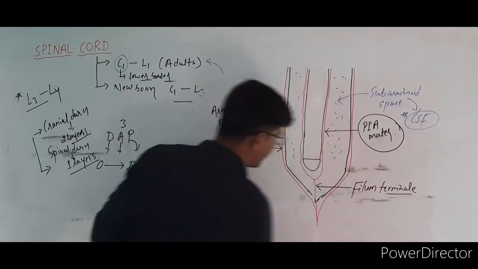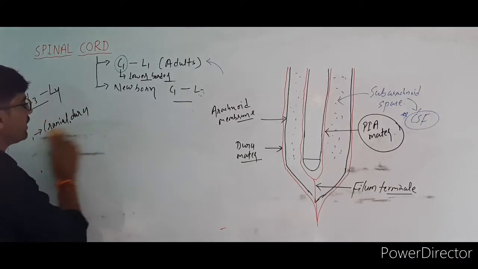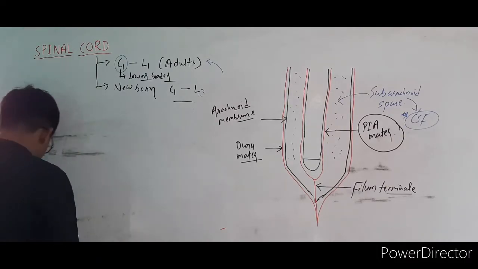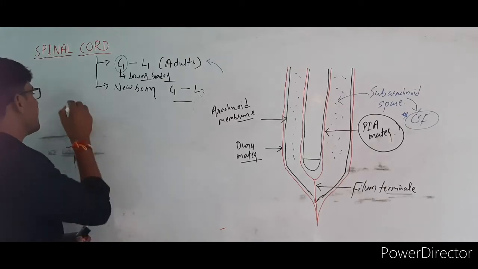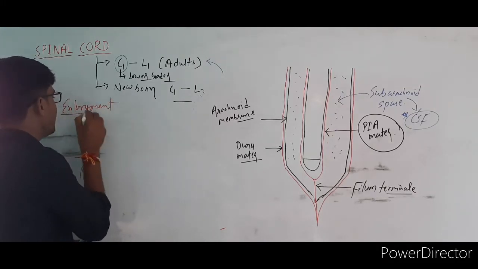Now one thing I want to tell you, the spinal cord is like this, but in two places it gets enlarged. So from where does it get enlarged?